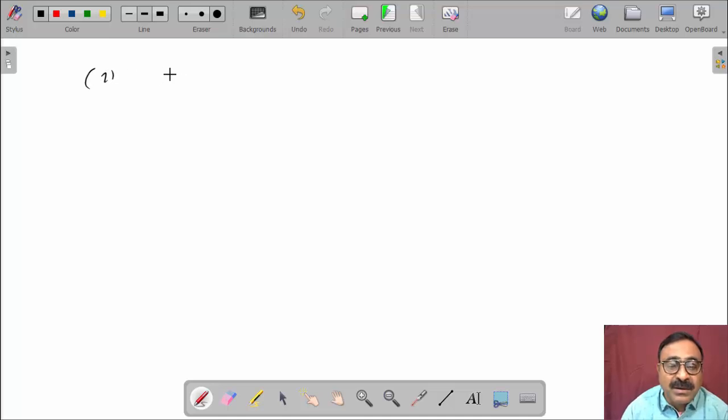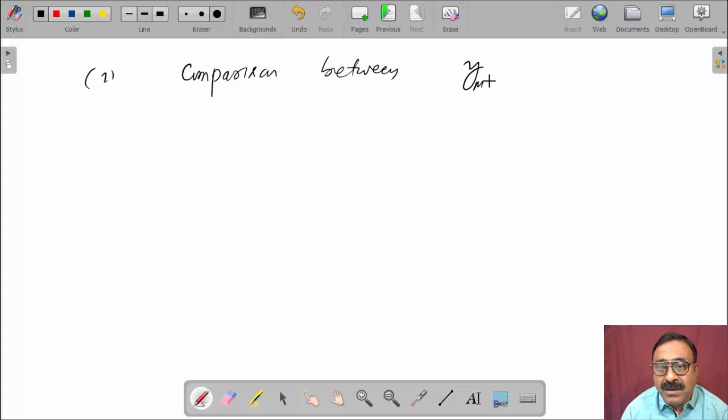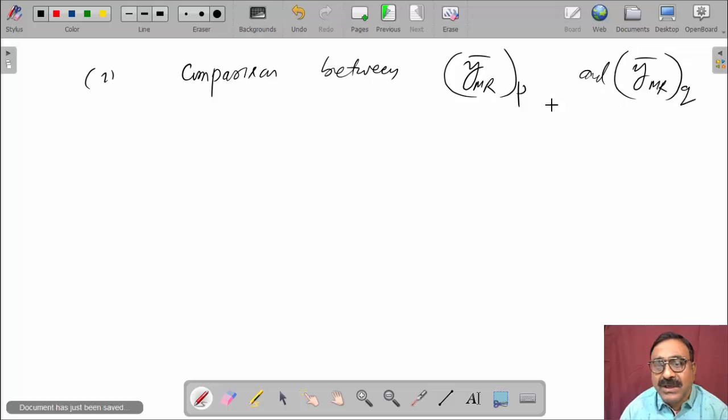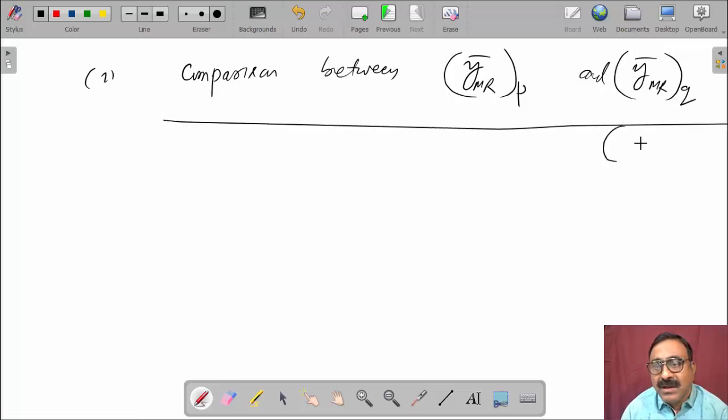That means comparison between YMR bar using P auxiliary variables and YMR bar using Q auxiliary variables, and here Q is less than P.